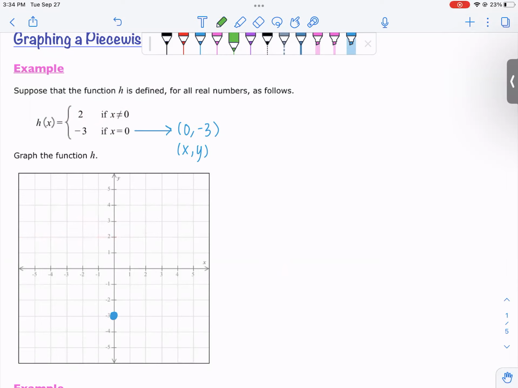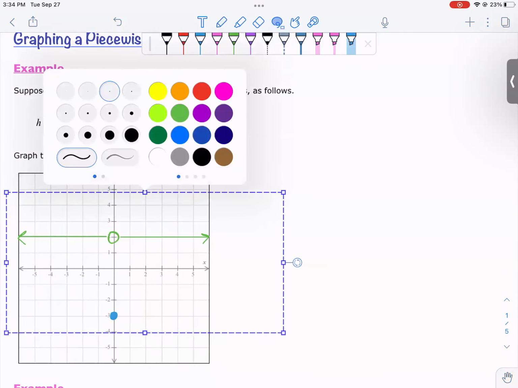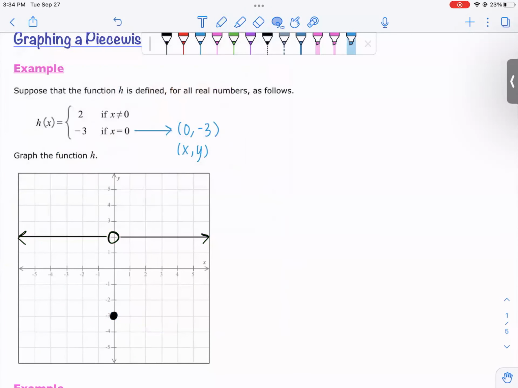But it doesn't exist at 0, because we only use this portion of the function if x is not 0. And that would be the graph. That would just look like that. Normally it wouldn't be different colors. We would just make it black. And that would be what the function would look like.